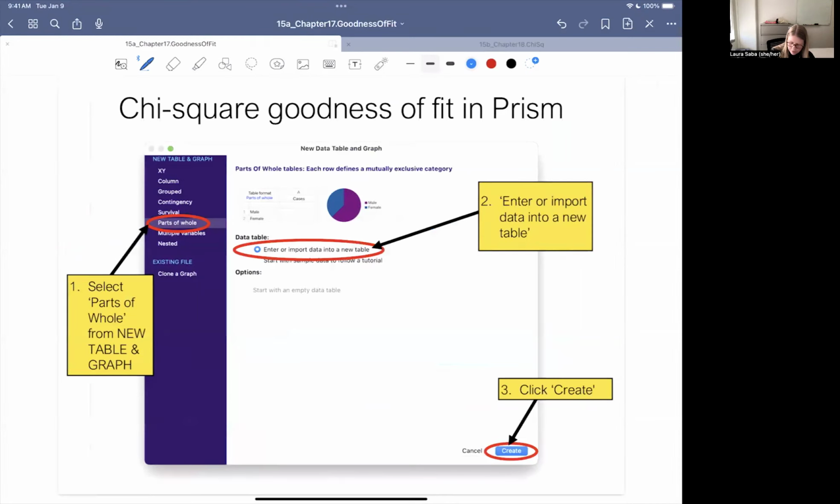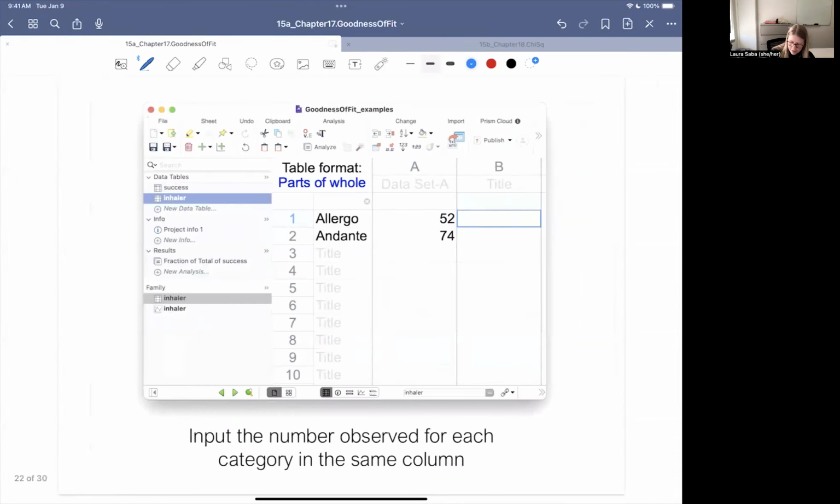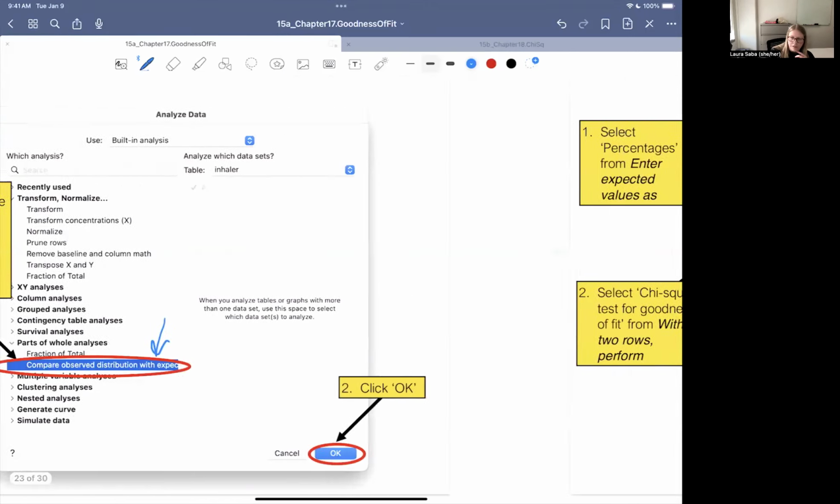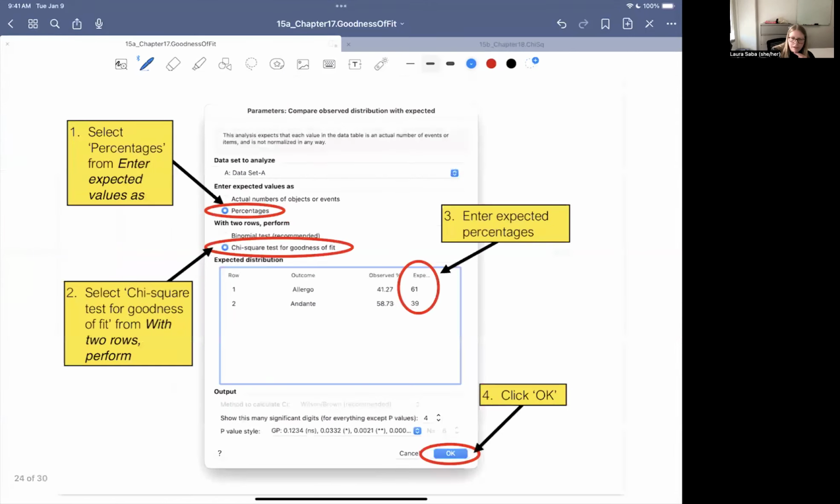We're going to do that parts of a whole again. This time I've got my Allegro and my Andante number of canisters returned in the same column. I'm going to do, instead of fraction of total, compare observed distribution with expected distribution. And so here I'm going to go to percentages to make my life easy, because that's how the expected percentages were presented in the write-up.